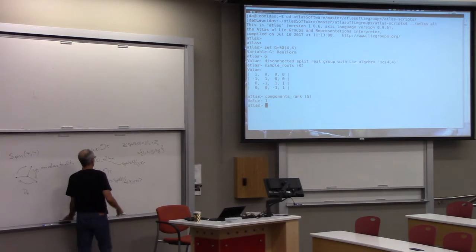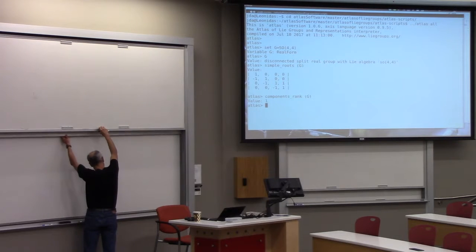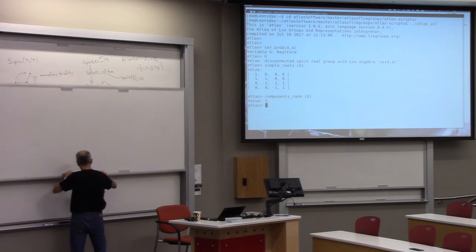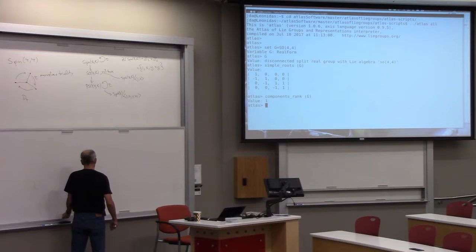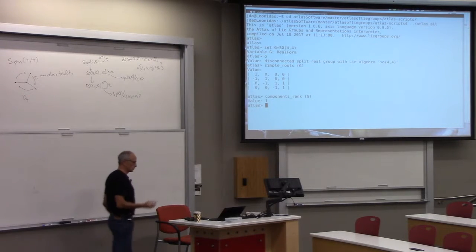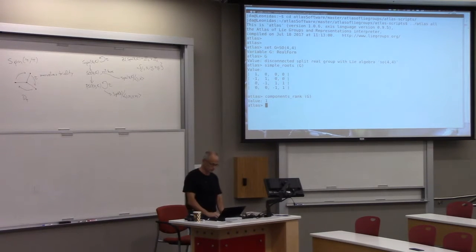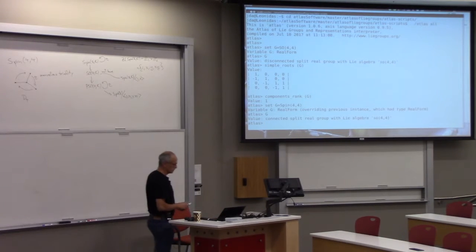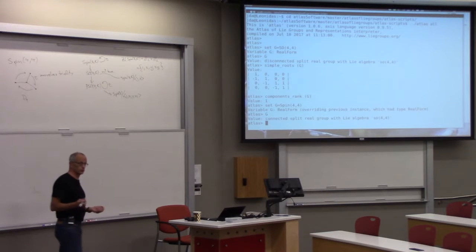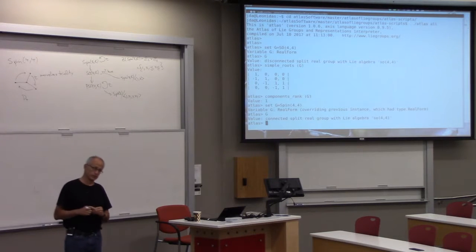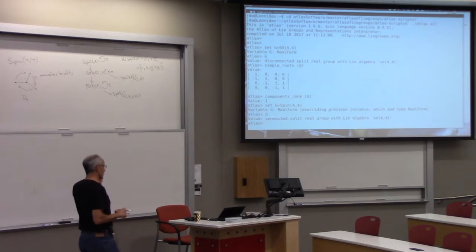All right, so let's take spin 4,4. Set G equal to spin 4,4. And G is now connected. As we said, if you take the real points of a semisimple, simply connected group, the real points are always connected.